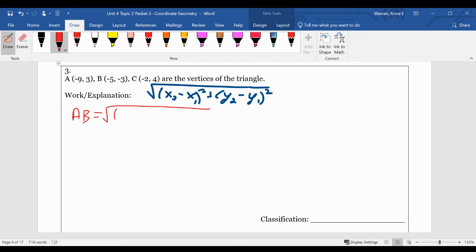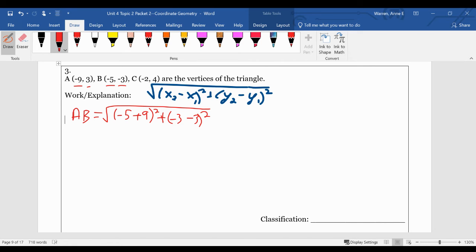So when I do this, I'm going to plug in my two x values. So I can take -5 and subtract -9. Right? And if I subtract a negative, that would be the same as adding, right? And then square it. And then I'm going to add the y value of -3 minus +3 and square it.